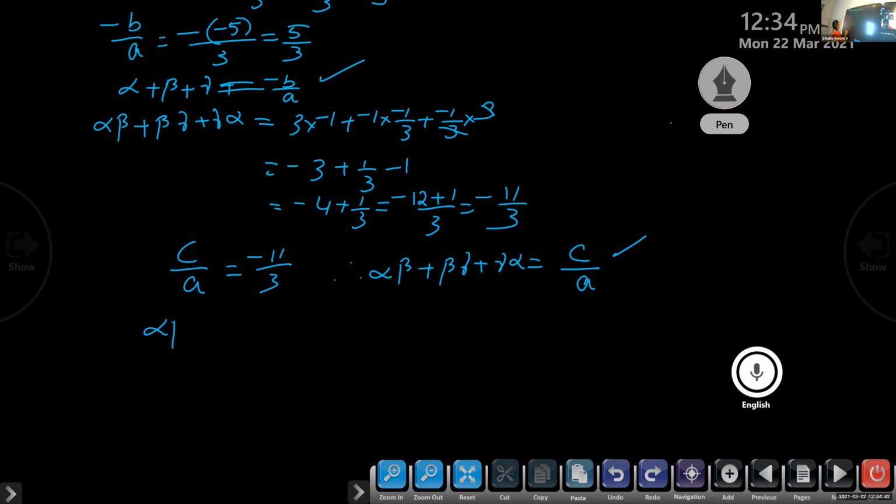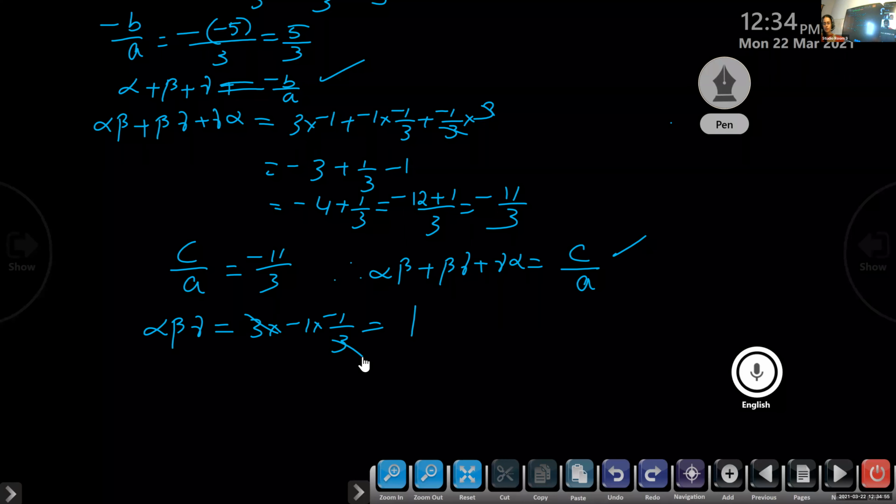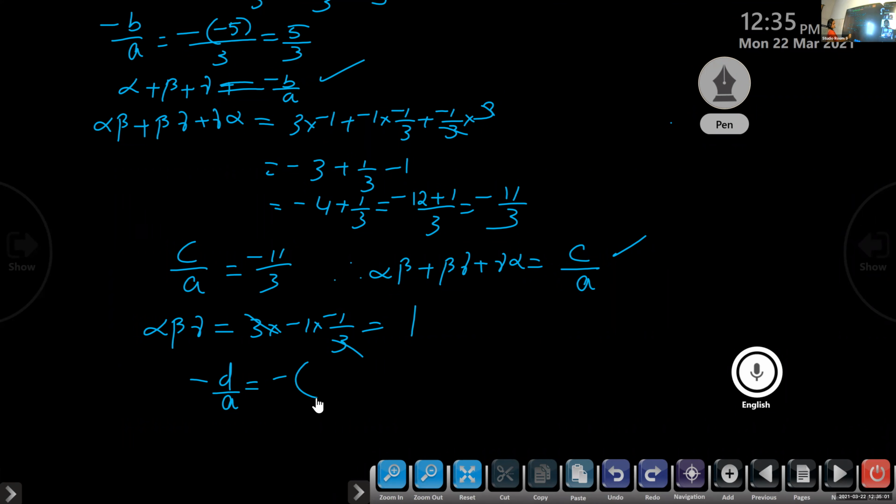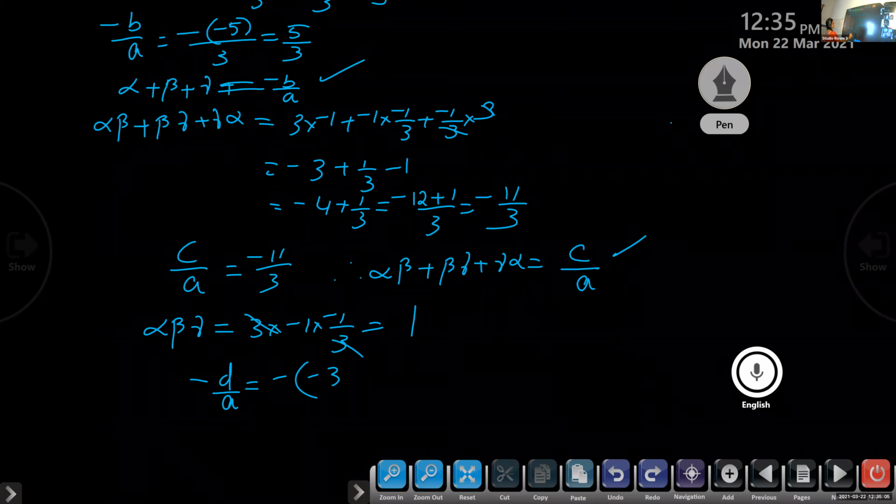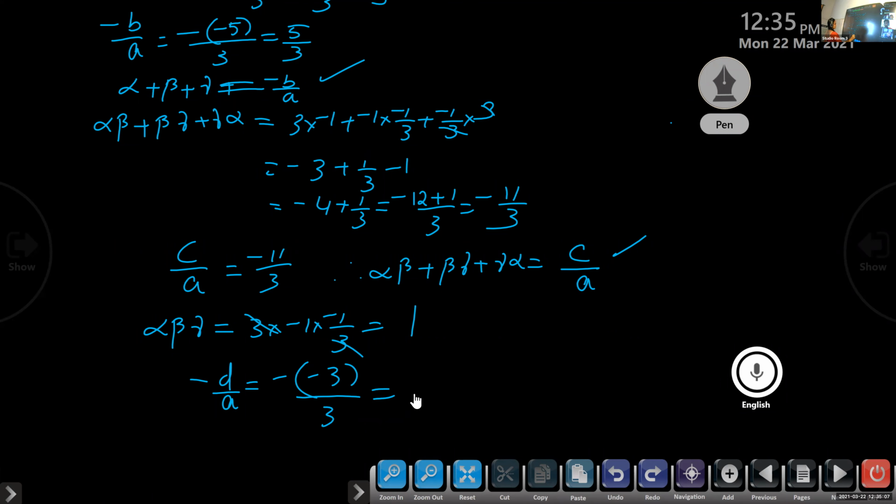Now the product of the three, alpha beta gamma: 3 into minus 1 into minus 1 by 3. The 3 gets cancelled. Minus 1 into minus 1 is positive 1. Now minus d by a: minus d is minus of minus 3, so 3 by 3. So this is equal to 1.